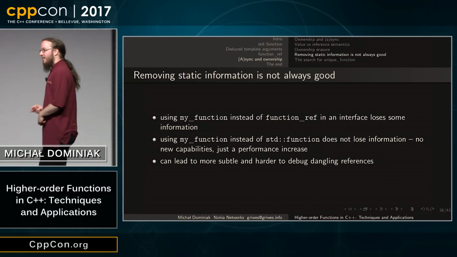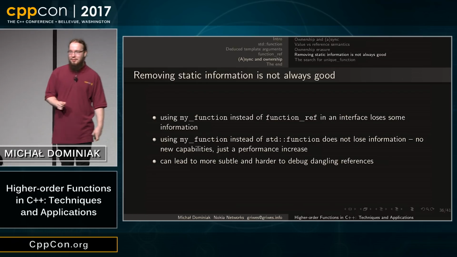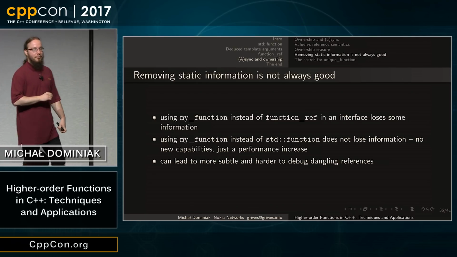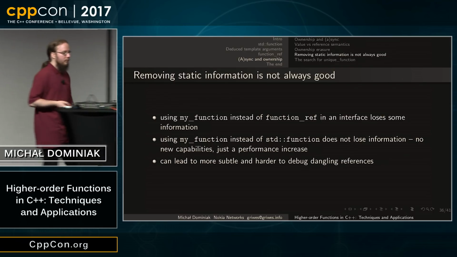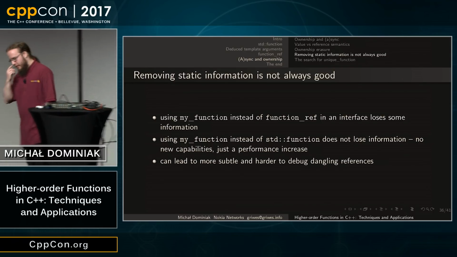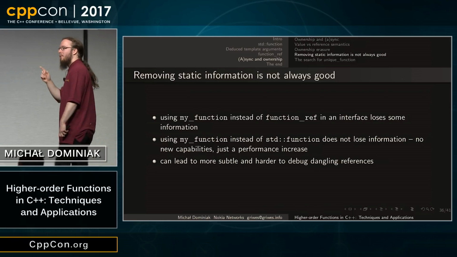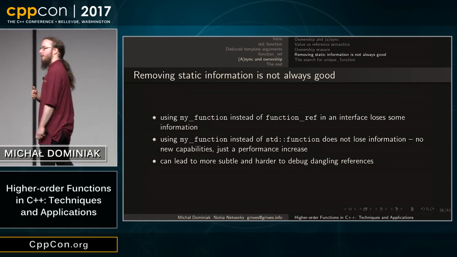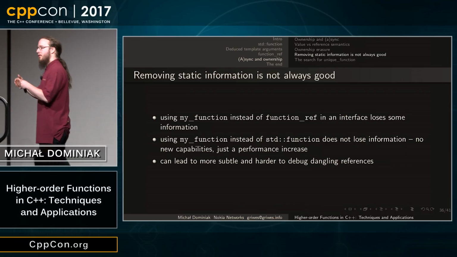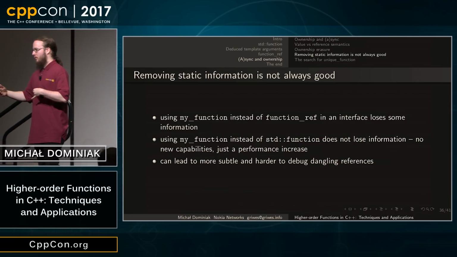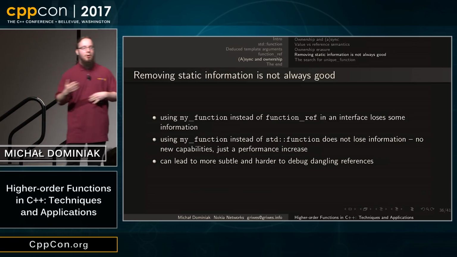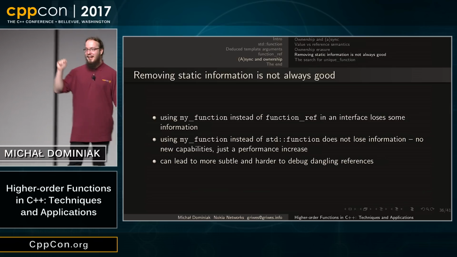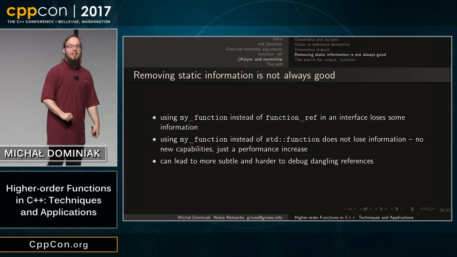So it can lead to more subtle bugs. So we can more subtly point to data that we shouldn't be pointing to. But the thing is, now that we don't pass anything by reference implicitly, we always have to say std::ref. Suddenly, the caller side that uses our API explicitly says, I'm passing a reference.